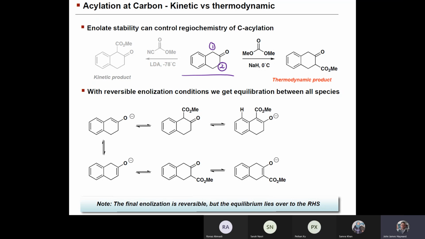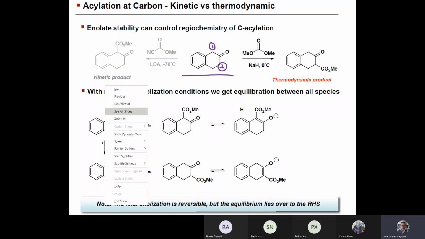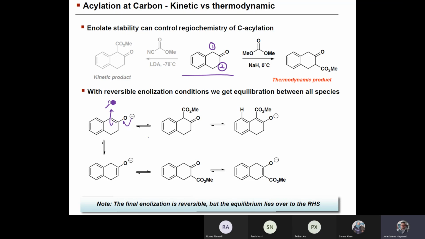So we deprotonate and then we react with our methyl cyanide. I think that's Mander's reagent. It's really good for these kinds of reactions. So we initially react to give the ketoester here.